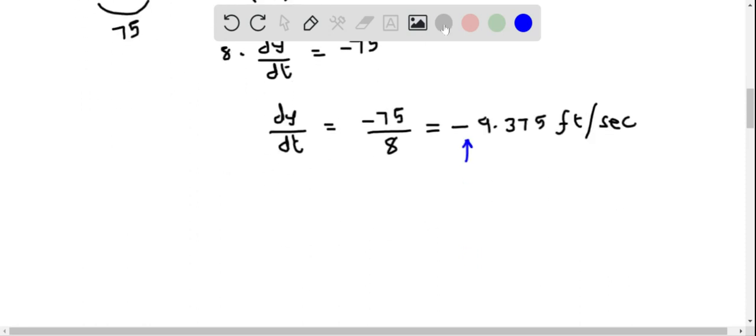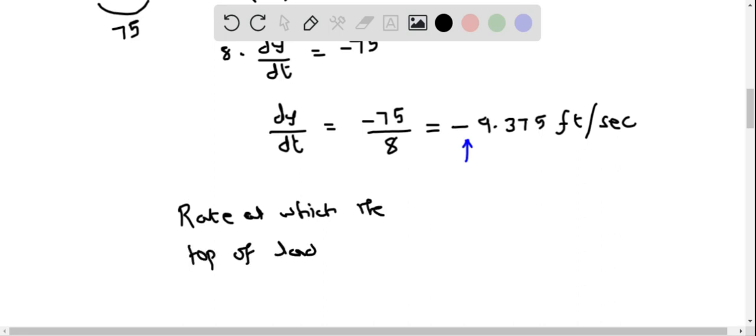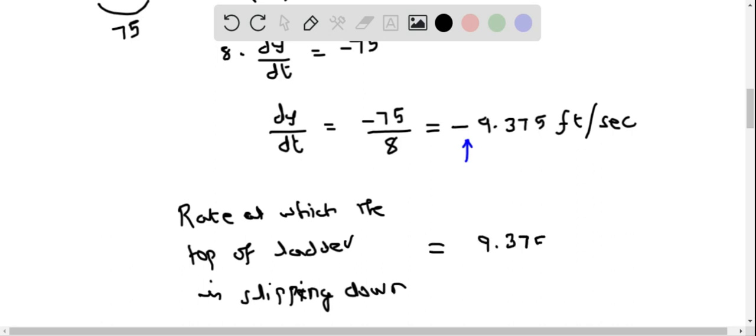So we can say that in terms of rate, the rate at which the top of the ladder is slipping down equals 9.375 feet per second.